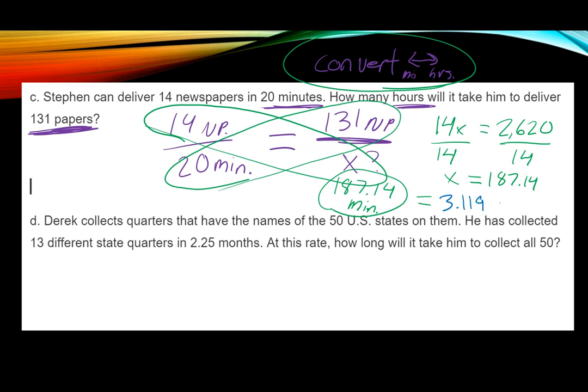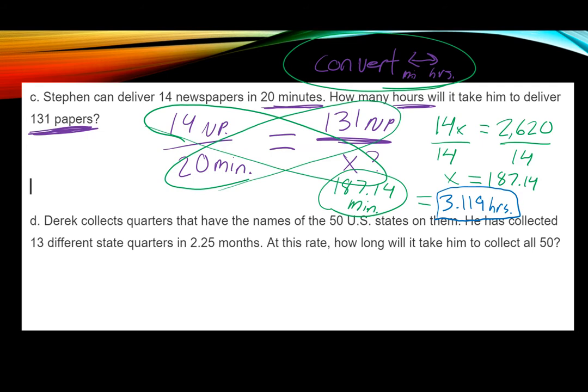So 3 hours, and can't find the exact minutes here, but it would be close to, let's see, it's about a tenth, maybe like 7 minutes, 3 hours and 6 or 7 minutes, but this will do.